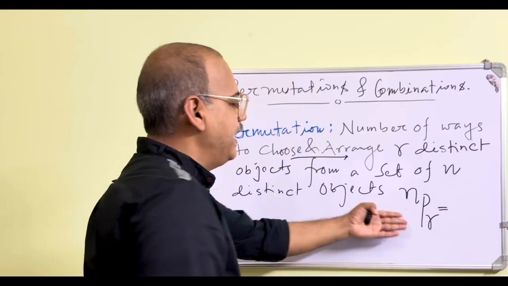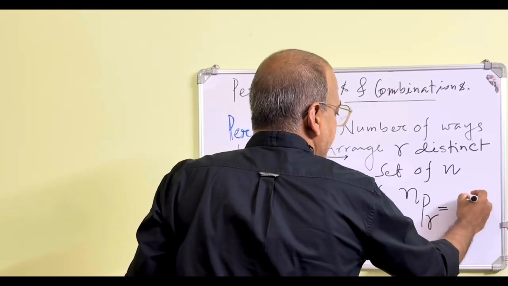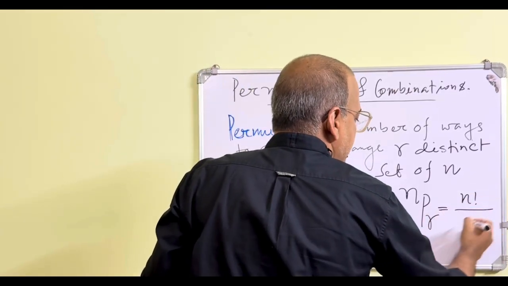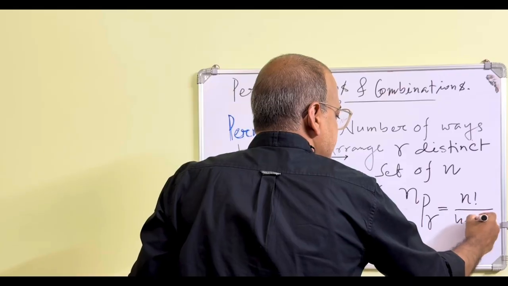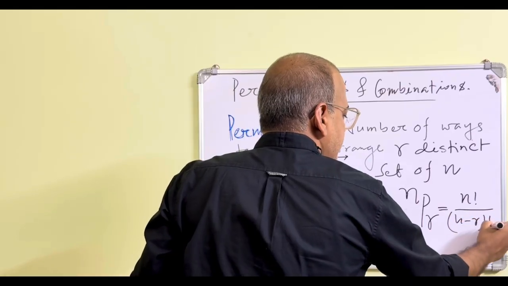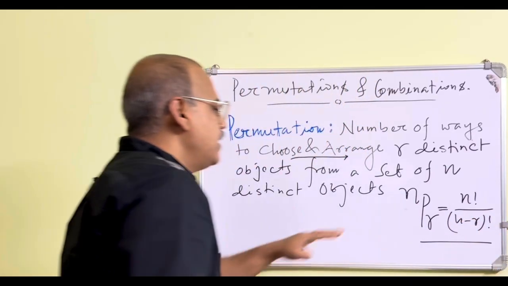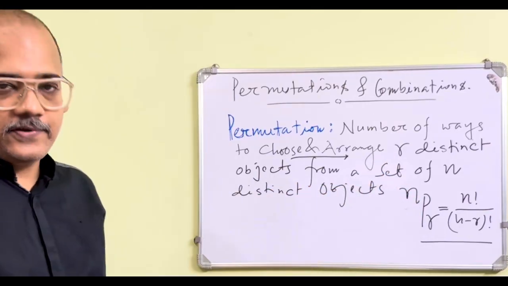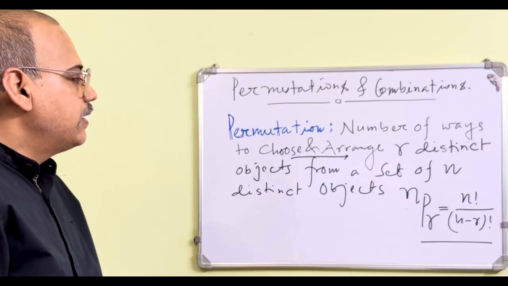The formula for nPr is n factorial upon n minus r factorial. But you must be curious how this is derived. So we'll come to that.